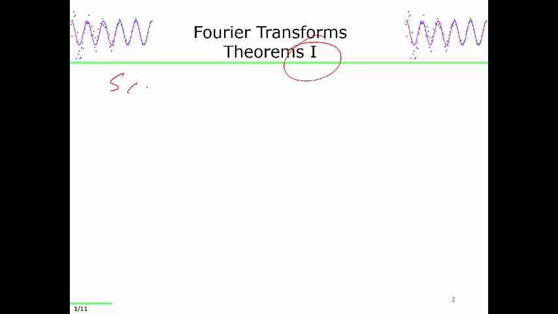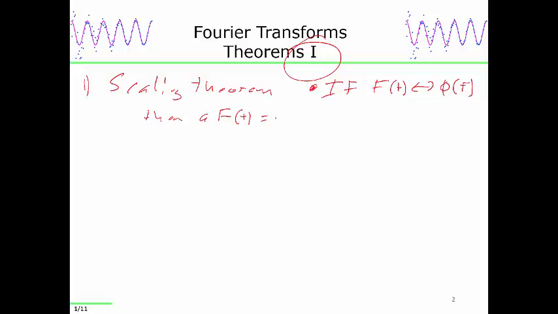So the scaling theorem is a simple one. If I have a Fourier transform pair f and phi, then aF equals a phi. The second one is addition.